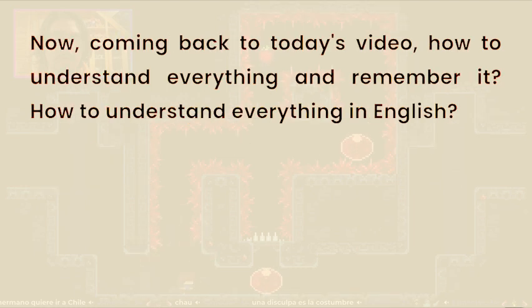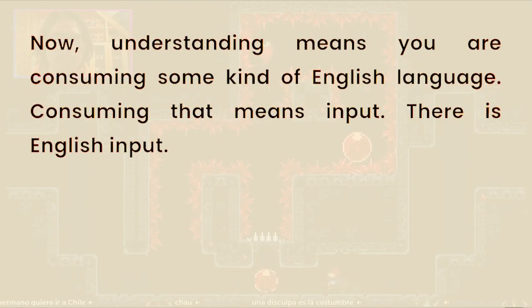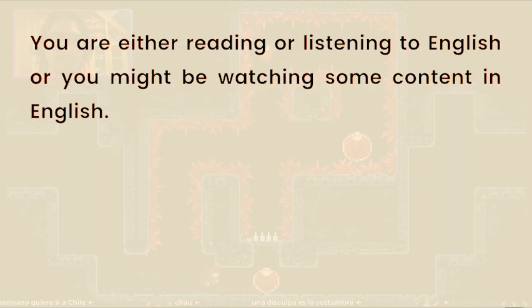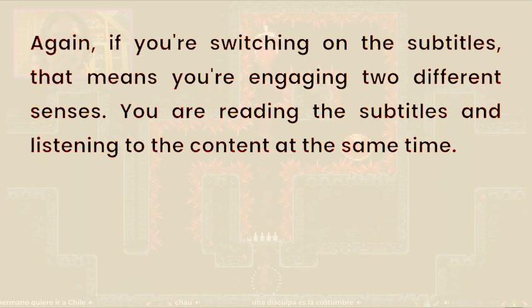Now, coming back to today's video, how to understand everything and remember it. How to understand everything in English. Now, understanding means you are consuming some kind of English language. Consuming that means input. There is English input. You are either reading or listening to English, or you might be watching some content in English. Again, if you're switching on the subtitles, that means you're engaging two different senses.